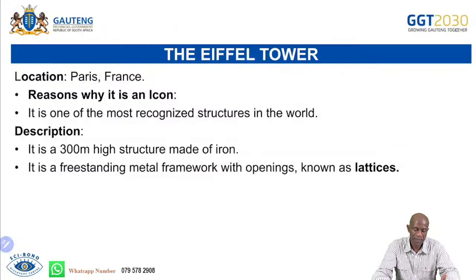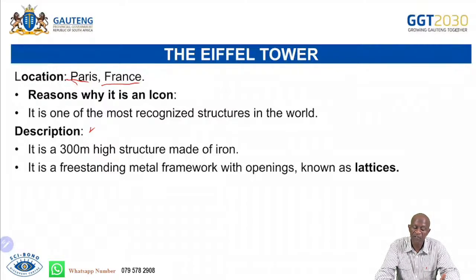It is located in Paris, that is the name of the city, and Paris is found in the country France, and France is found in the continent Europe. The reason why it is an icon, it is one of the most recognized structures in the world. So it is well known all over the world. In describing it, it is a 300-meter high structure made of iron.